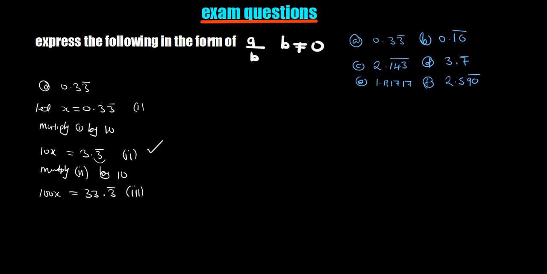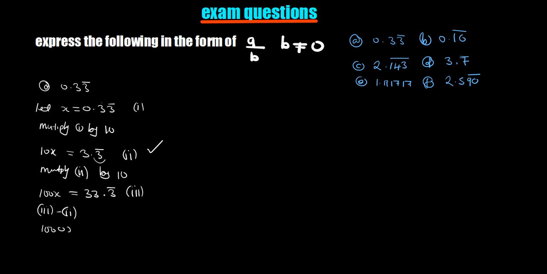That's the goal. So we say now equation 3 minus this equation 2 we had there. So that would be now 100x.